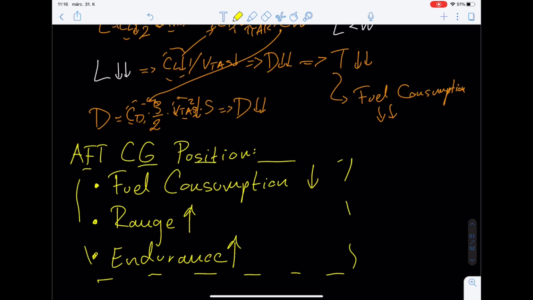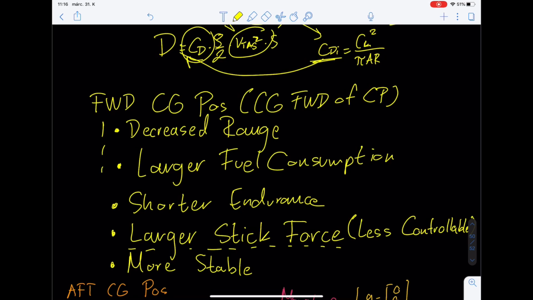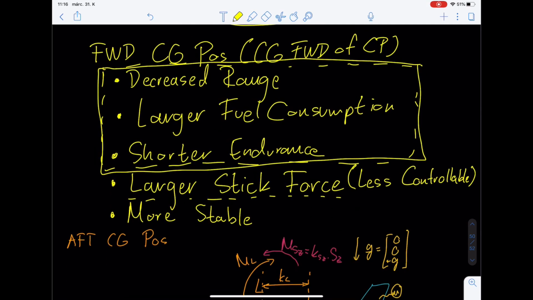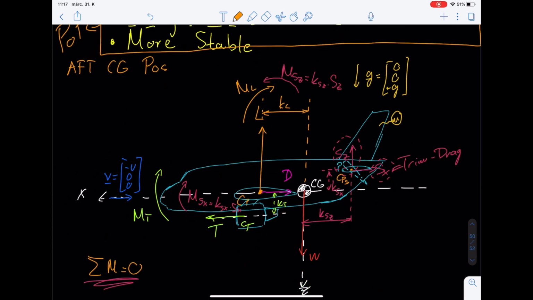And I would like to highlight in the previous case that again, what we need to sort of remember from here, from performance, is these parts, right? Because these ones you learn in principles of flight in more detail, right?